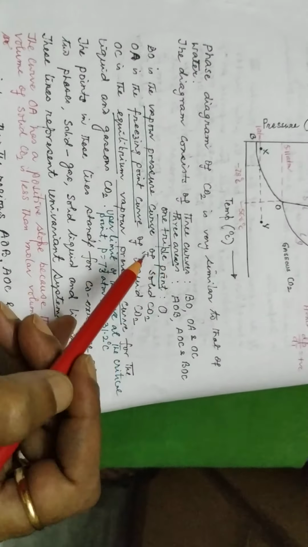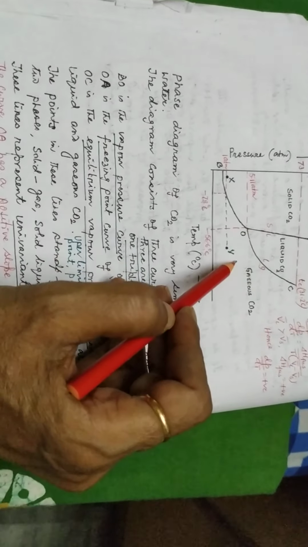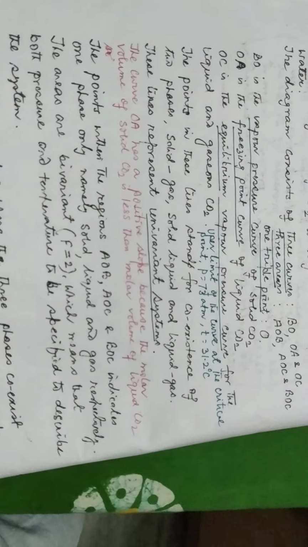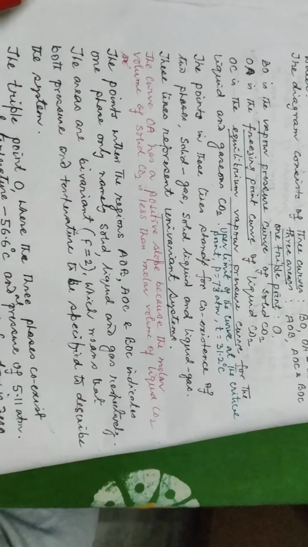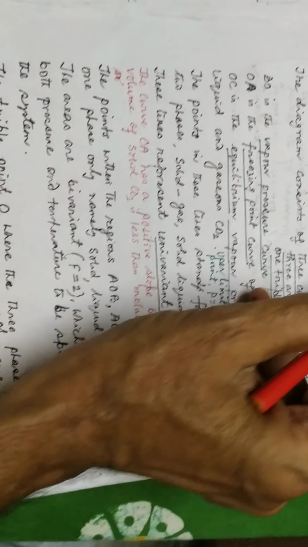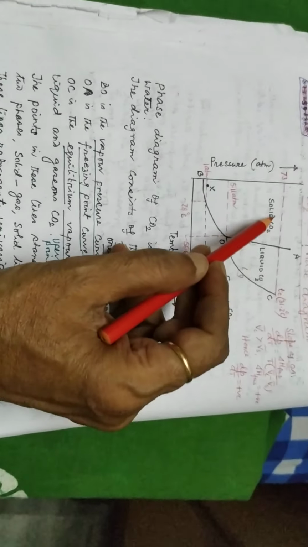The areas are bivariant. The degrees of freedom equals 2, which means that both pressure and temperature must be specified to describe the system. To describe the solid carbon dioxide, to describe the liquid carbon dioxide, and to describe the gaseous system, the temperature and pressure must be specified.